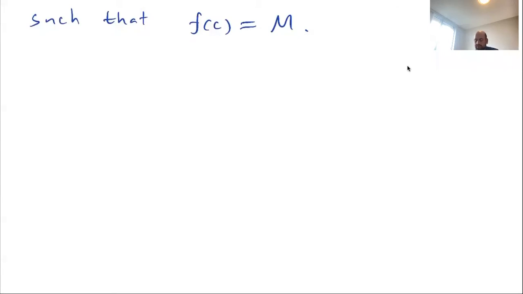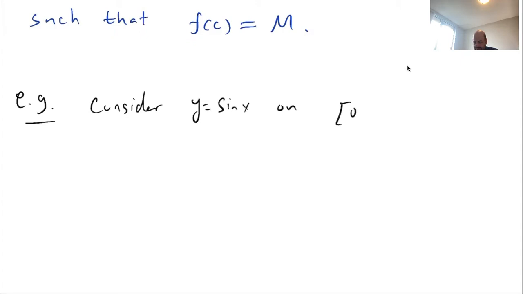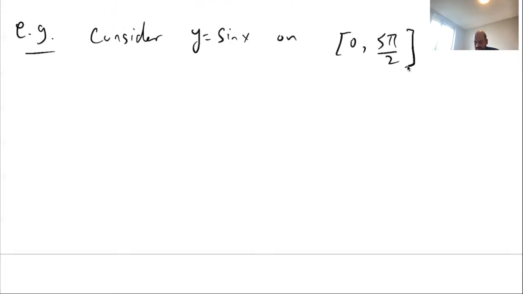Okay, now here's an example that shows we can have more than one c value on an interval. Let's consider y equals sine x on the interval 0 to 5 pi over 2. So this is how the graph looks.